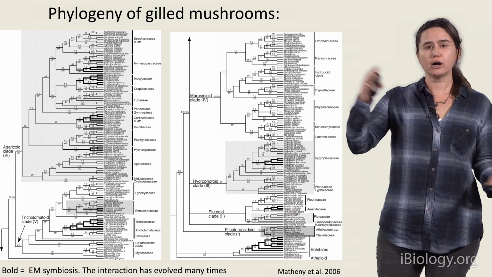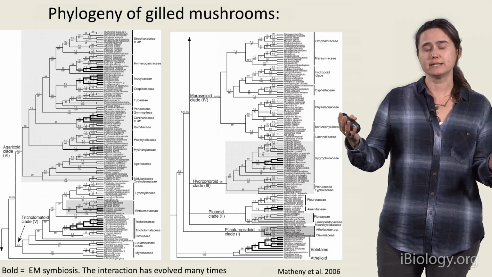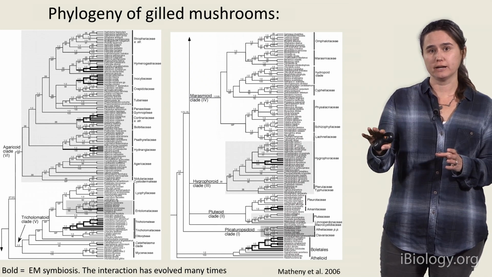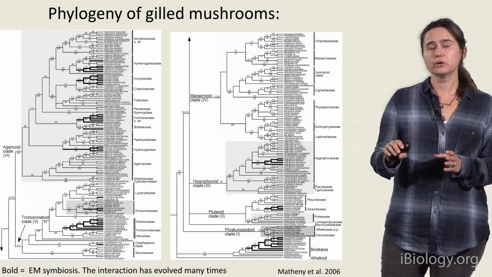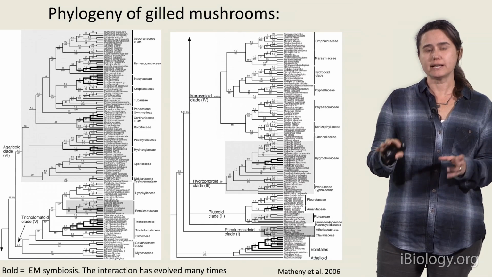You're looking at a large phylogeny or tree of relationships among different species, and anytime you see bold, that marks the origin of an ectomycorrhizal symbiosis, a mycorrhizal symbiosis. So you can see that it hasn't happened just once in nature. It's happened a lot.